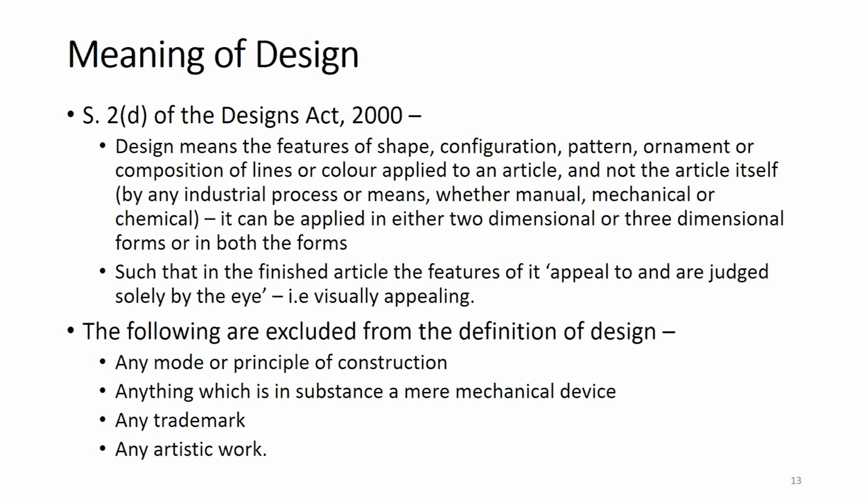Let us see what is there in the Designs Act 2000. Section 2(d) gives the meaning of design. Design means the features of shape, configuration, pattern, ornament, or composition of lines or colors applied to an article, and any one of these is to be applied by an industrial process. It can be a manual process, a mechanical process, or a chemical process.